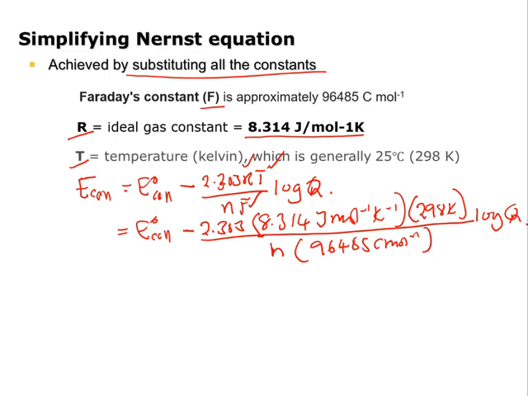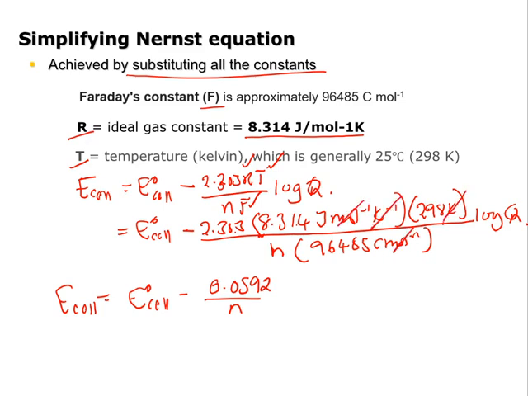Perfect. Then from here, when you simplify, when you multiply this number by this number by this number and divide by this number, what you get is 0.0592 divided by n, then minus, standard cell potential, then you have cell potential. Then let's cancel the units. We have the mole here and the moles will cancel.